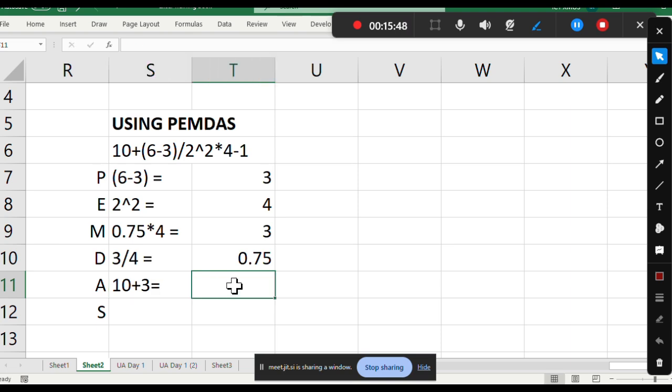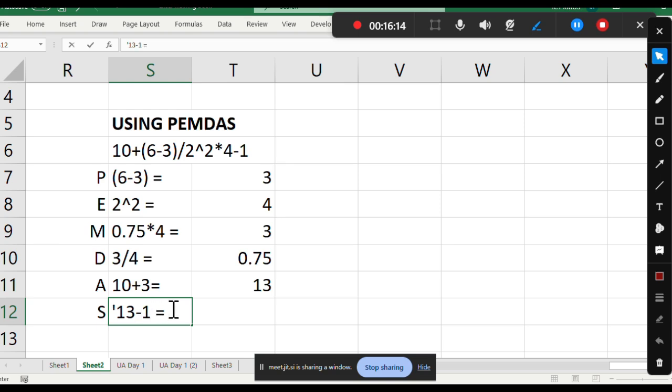So the answer will be 10 plus 3 equals 13. Then the last one, the subtraction, will now be 13 minus the last one, which is 1. So 13 minus 1 will give you 12.